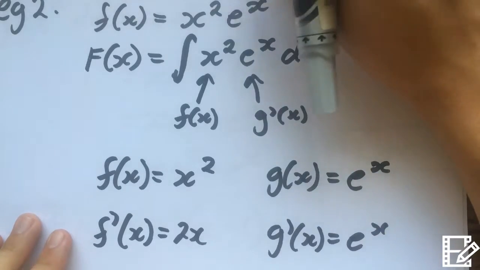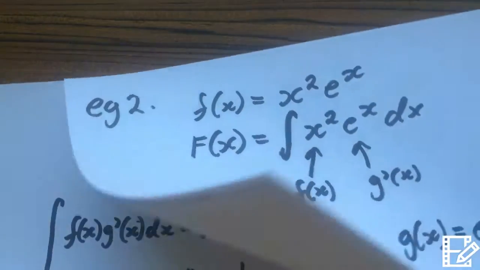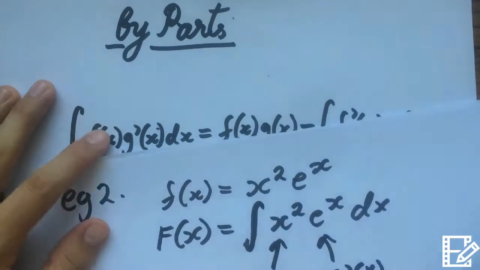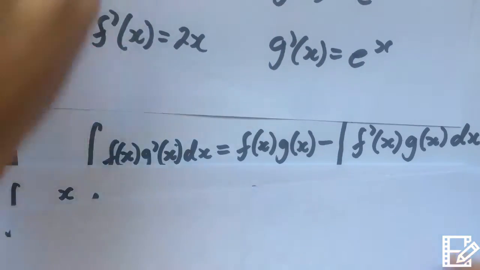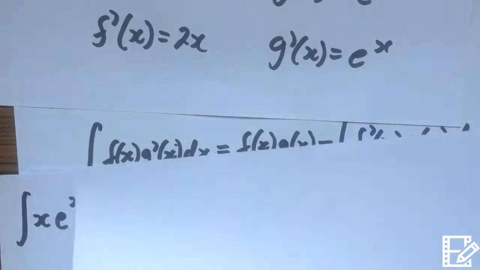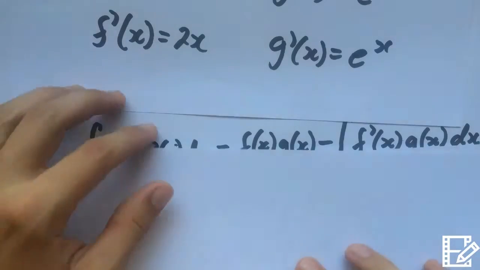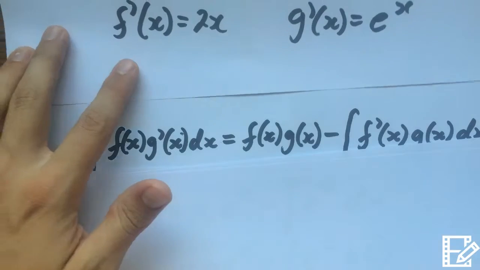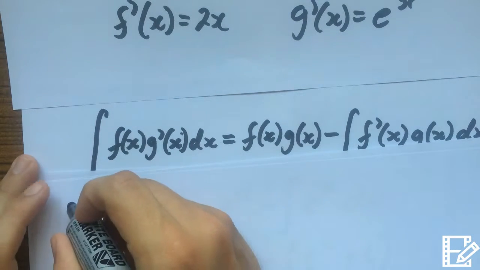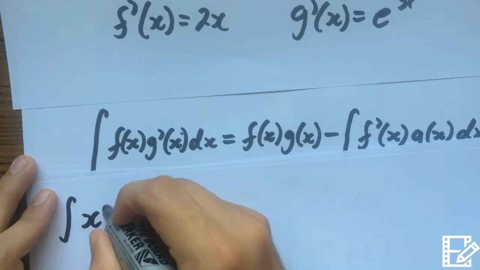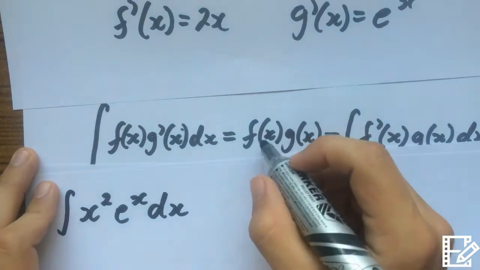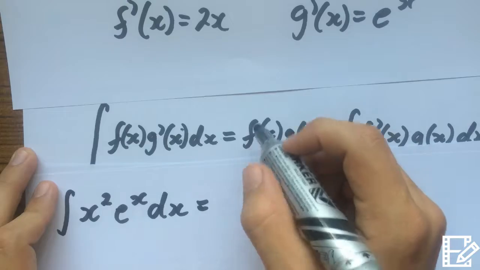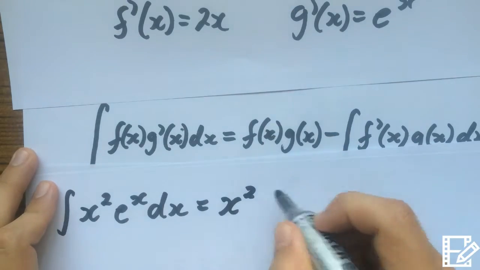Okay. Now, we have the formula here. And we're going to need it for the next step, which is filling in. Okay, so we started with the integral of x squared multiplied by e to the x dx. Now we need f(x), x squared.